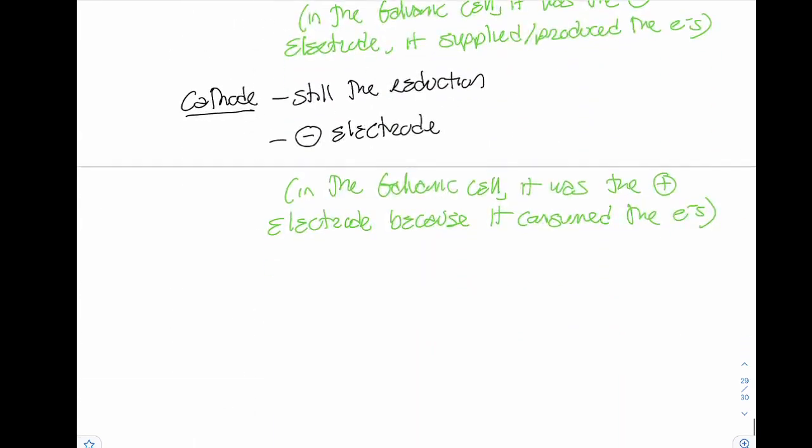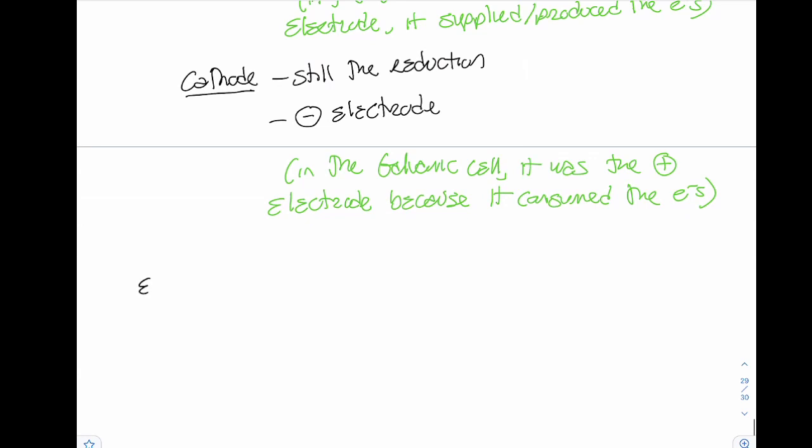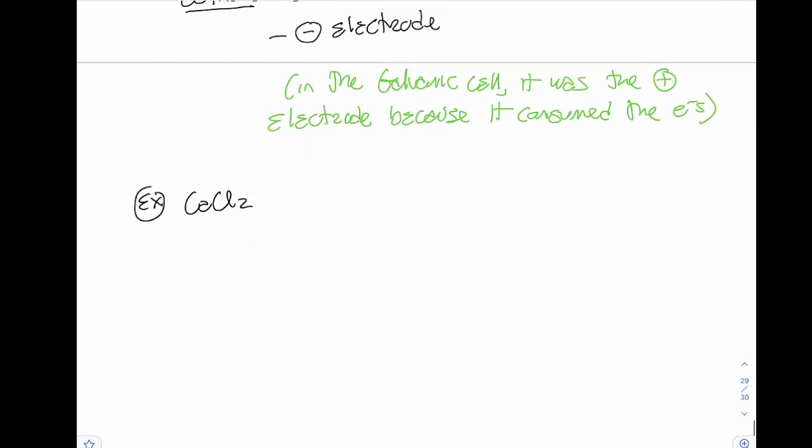Another example, and this time we're going to use calcium chloride. So molten calcium chloride again. Our anode half reaction is actually going to be the same as it was with our sodium chloride example. So 2 chloride going to chlorine gas plus my 2 electrons, right?